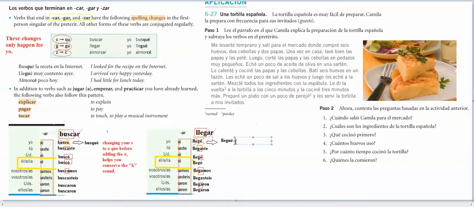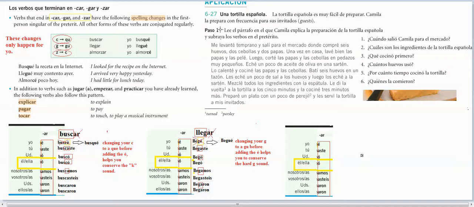So, changing your G to a GU before adding the E helps you to conserve the hard G sound.